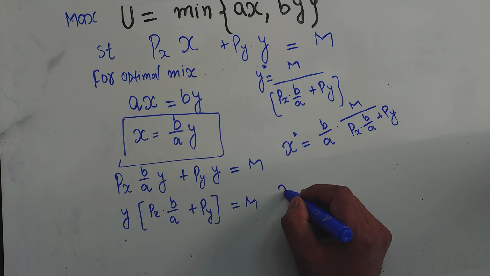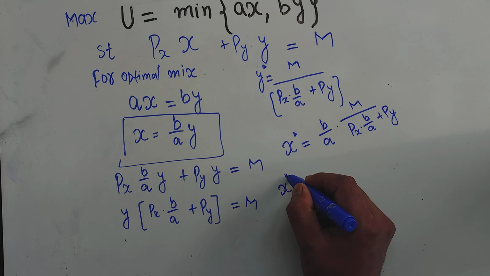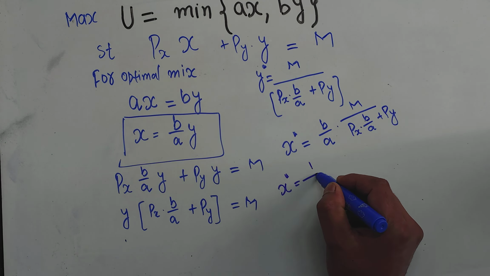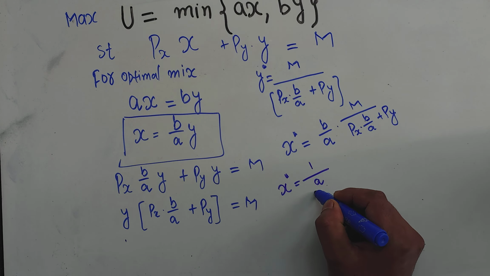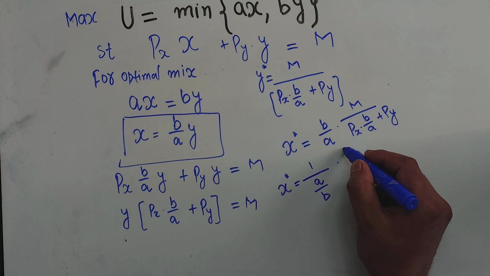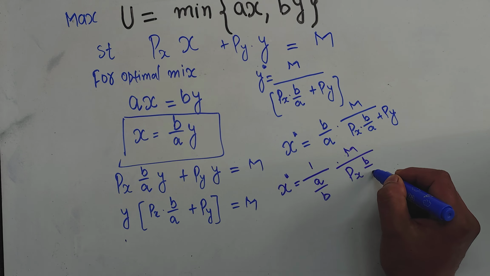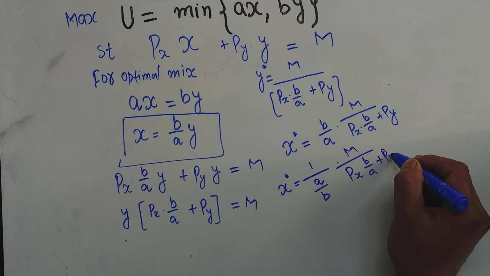So we can rewrite it: x star will be equal to, b upon a can be written as 1 divided by a upon b, then m upon (px times b upon a plus py).